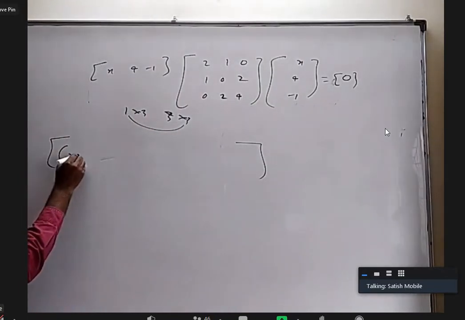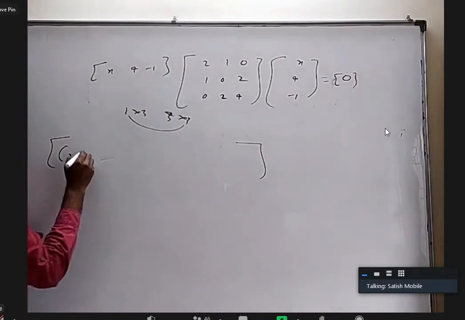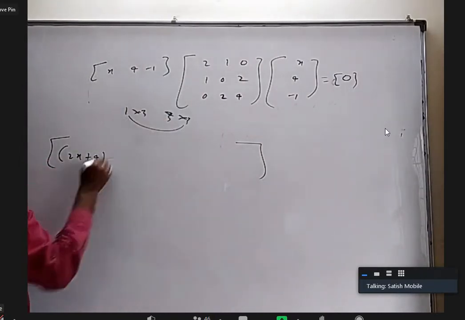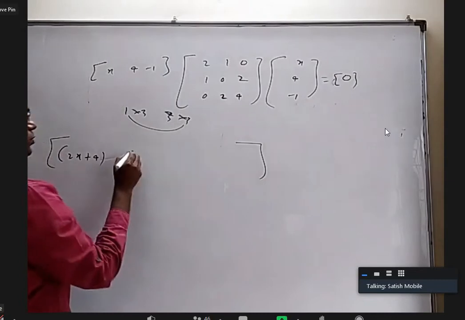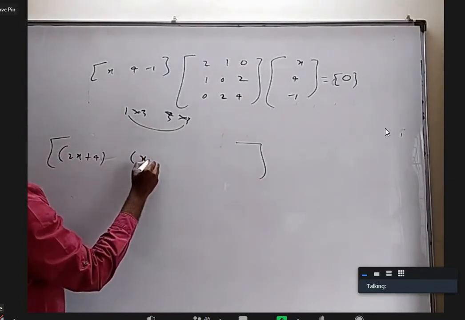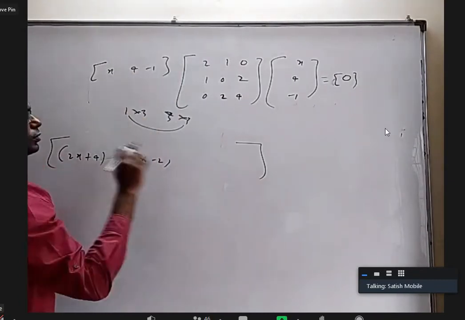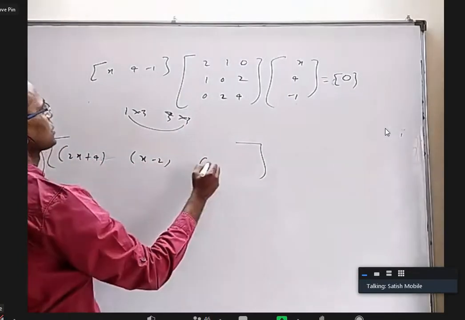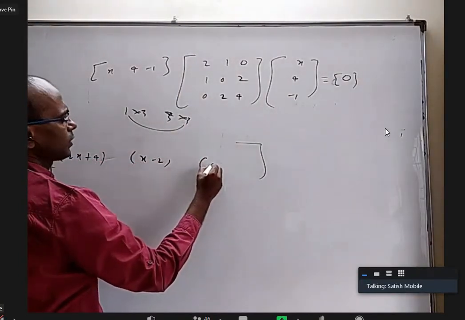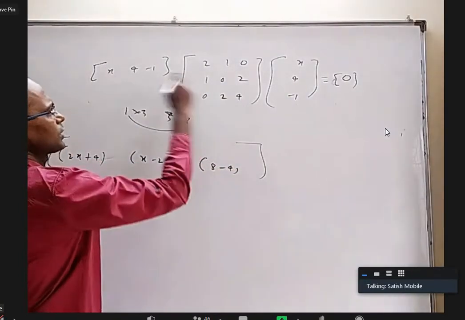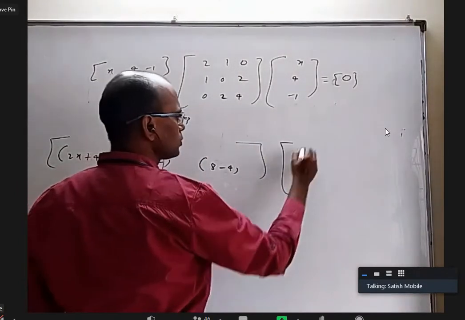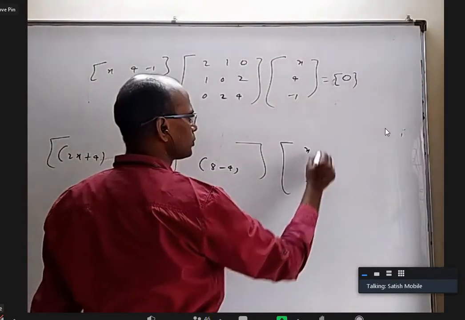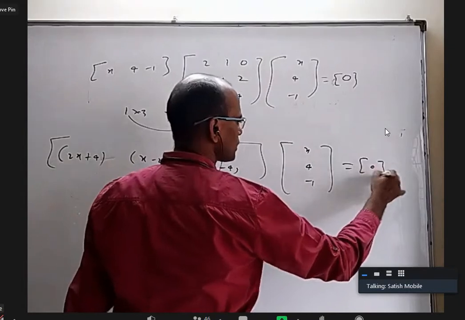What I'll get is 2x plus 4, and this is 0. Next, this into this gives x minus 2, and this is 0. This into this is 0 here. I will be getting 8 minus 4, since 4 twos are 8, minus 4, into [x 4 -1] equal to a matrix containing 0.